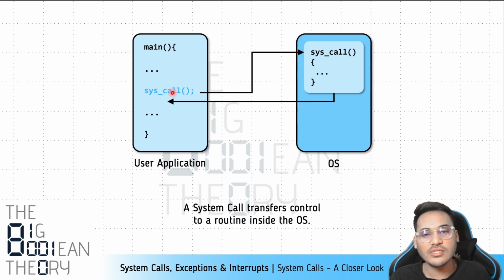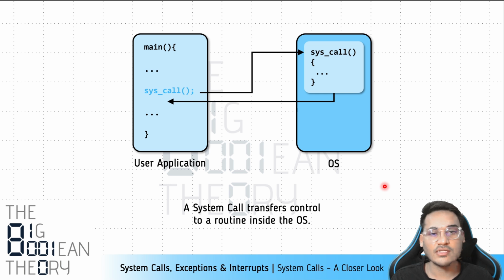So when the system call is invoked, the control is transferred to the system call routine, which is sys_call, and the operation is performed. Now we'll study what are the different kinds of operations that are part of the system calls, right? And as you can see in this diagram, after the operation is performed, the control is returned back with the results to the user process.